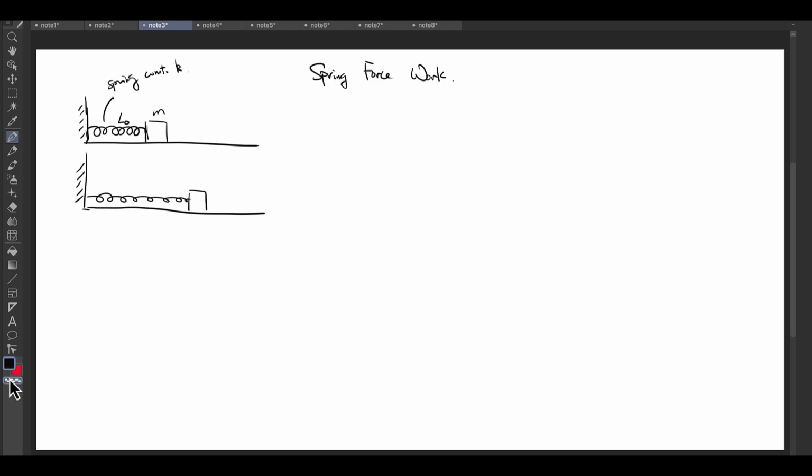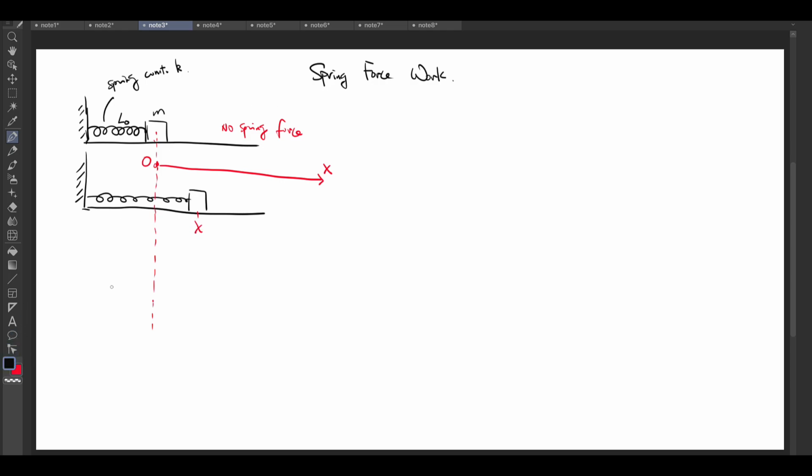I'm going to use this dashed line to represent the original length of the spring, and right at this location there's no spring force. But now I want to use this position as the origin. This dashed line level is the origin, and then build a coordinate system this way. That's the x-axis. Right now the object's position is at x.